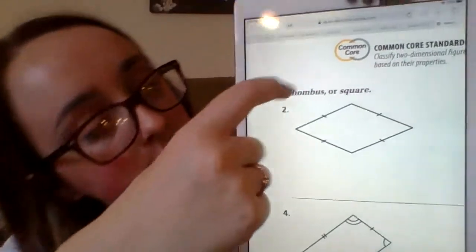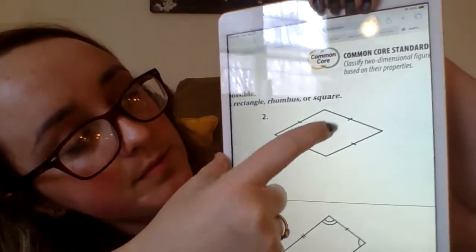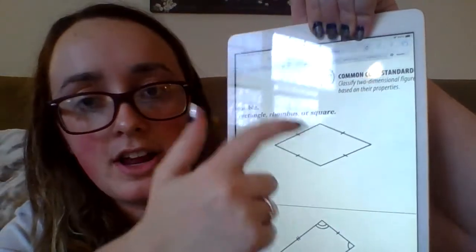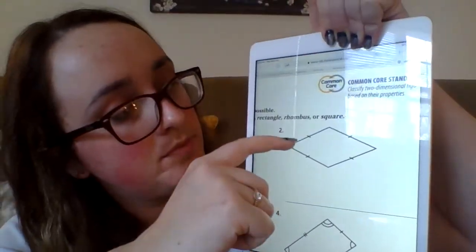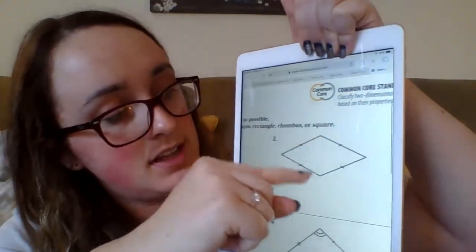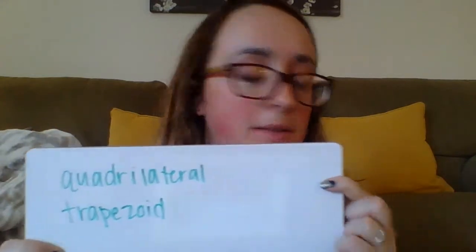So this right here and this side are parallel. They're never going to end up touching. They're going the same way. This side and this side are parallel lines. So it has at least one, so it would also be a trapezoid. Right now, I already have these ones written down.